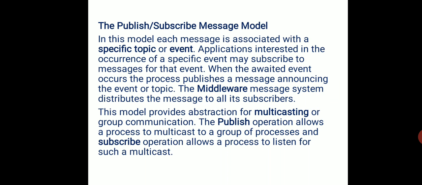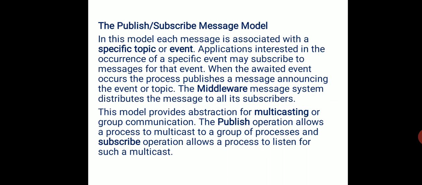In this model, each message is associated with a specific topic or event. Applications interested in the occurrence of a specific event may subscribe to messages for that event. When the awaited event occurs, the process publishes a message announcing the event or topic.